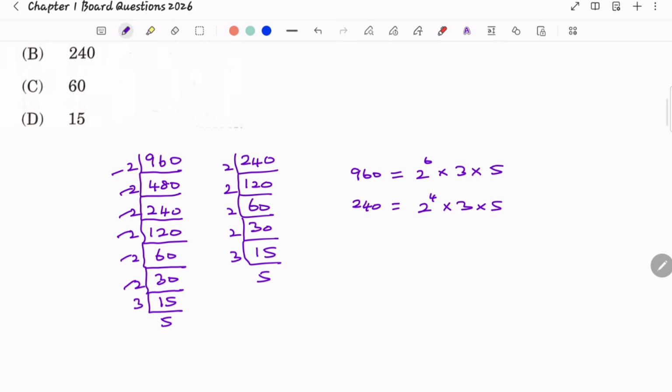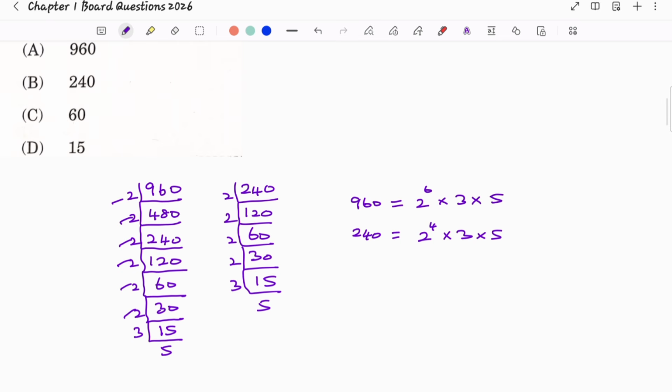Now to find the LCM, we should choose all the factors. So LCM of 960 and 240: write all the factors with the highest powers. The factors are 2, 3, 5. Highest power of 2 is 6, highest power of 3 is 1, highest power of 5 is 1.